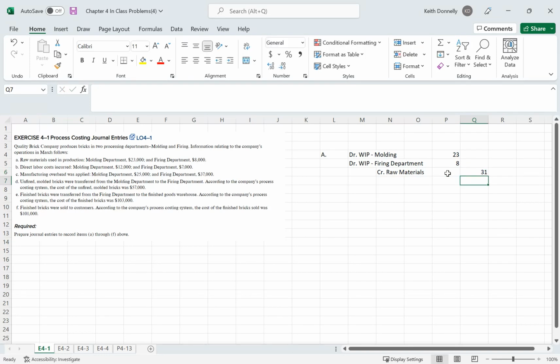So essentially, even though we're using a process costing system, it's the same overall idea. You start on the balance sheet with your product costs as we work through each process layer or system.